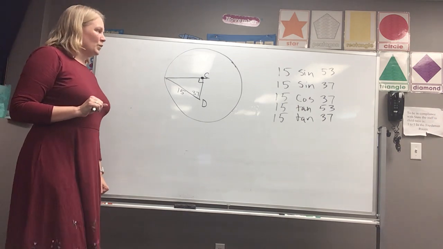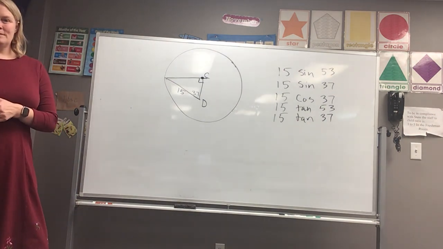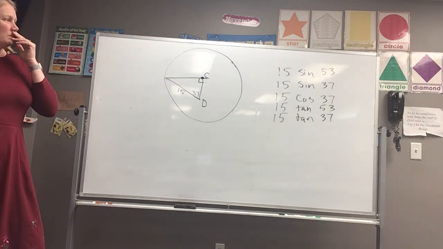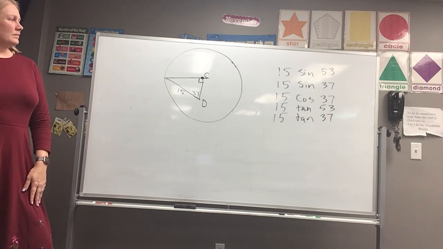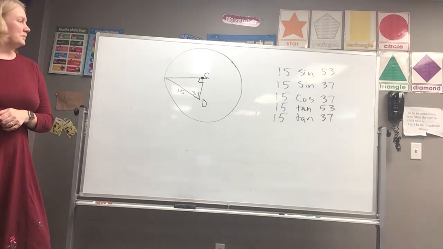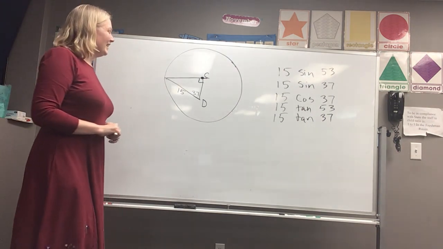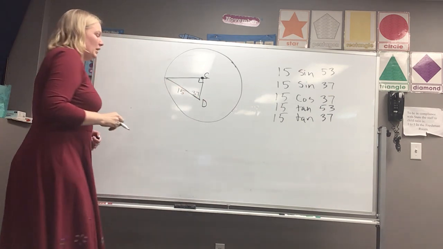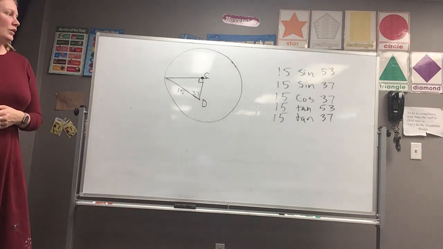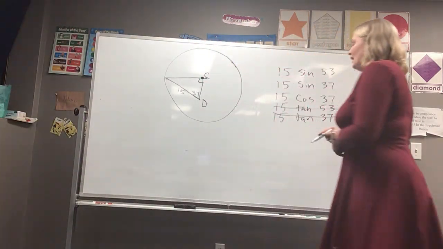All right. Which one is it? Everybody's shy. So, we are dealing with 15. We know that's the hypotenuse of our triangle, and so that cuts tangent right out.